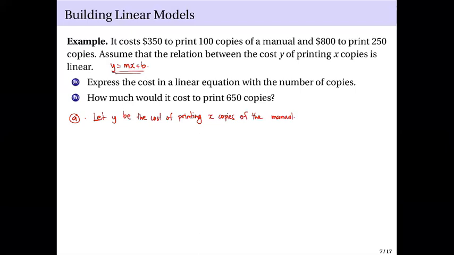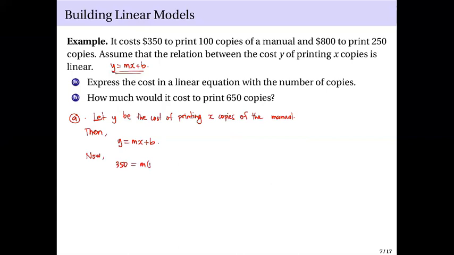Okay, then we have the following. Since it's linear, your y must be some mx plus b. Using this information, the cost is $350 if we print 100 copies.